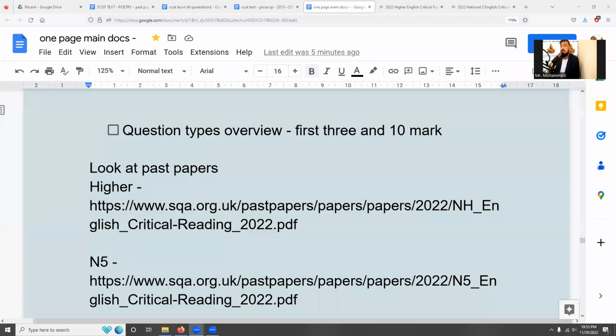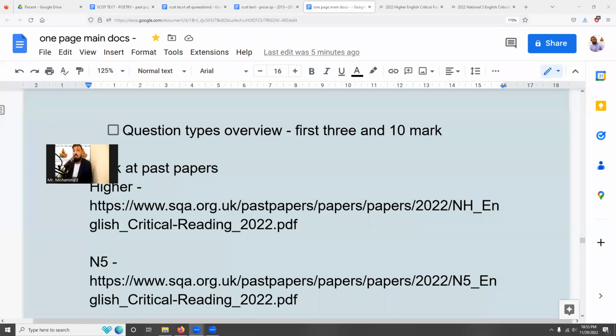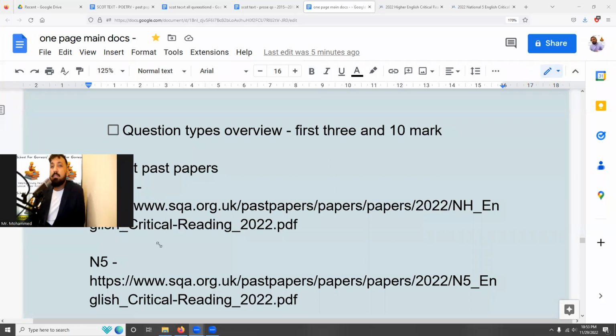Okay, now what we're going to do is have a look at the Scottish text questions. In terms of the questions themselves, we can divide the question types into two different sections.